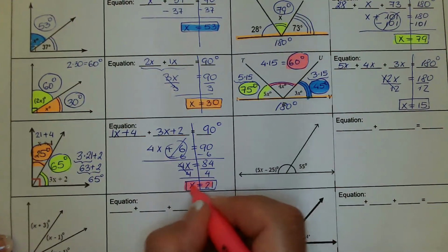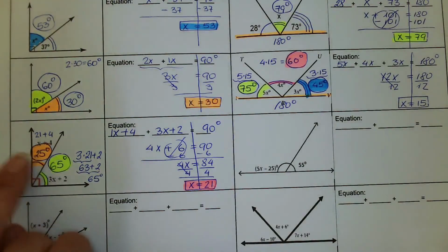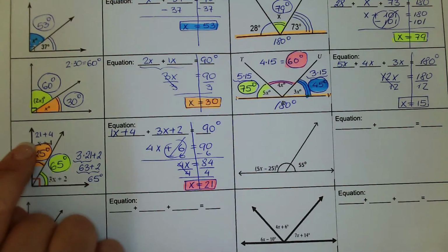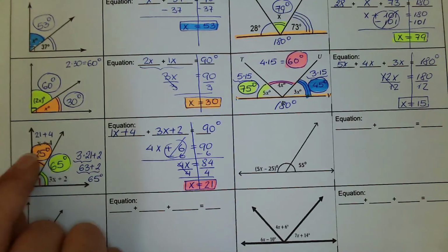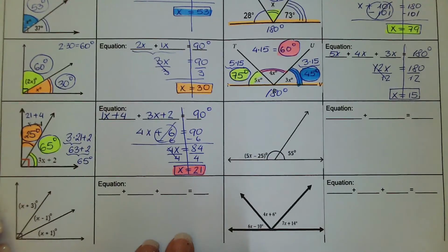If the problem says solve for x, that would be 21. If the problem says find the angle measure, then we substitute the x value in each expression in the problem, and then the angle measures have to add up to 90. So 25 plus 65 equals 90. Then everything is solved correctly.